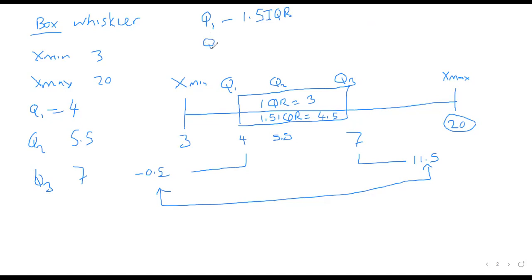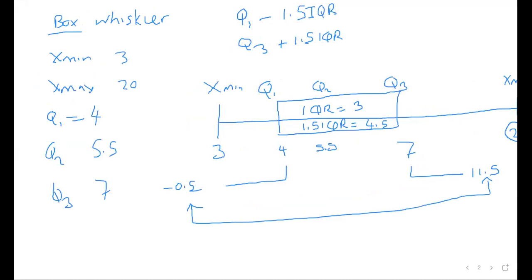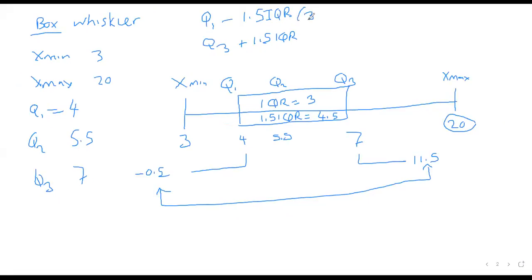The upper bound is the upper quartile plus 1.5 IQR. So our IQR was what? 3. So when you multiply 3 times 1.5, you get 4.5.